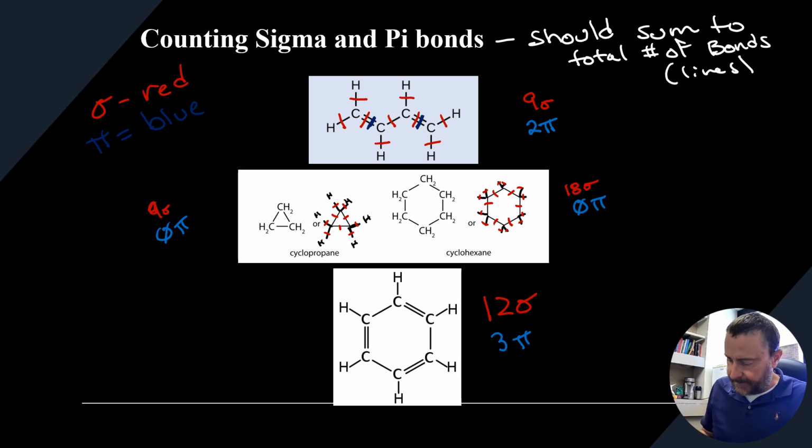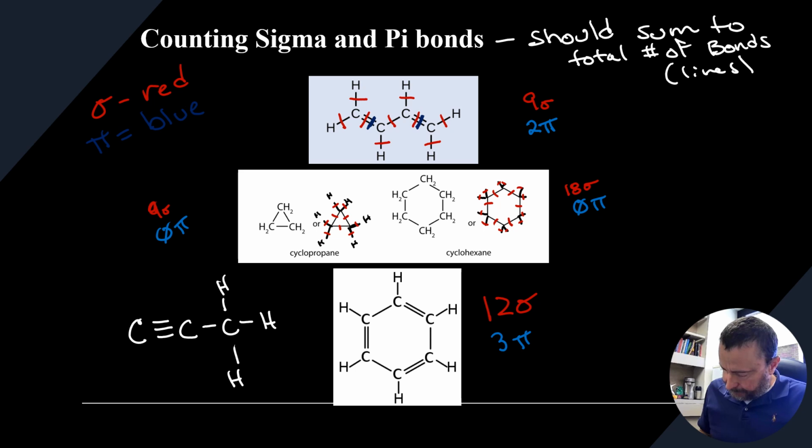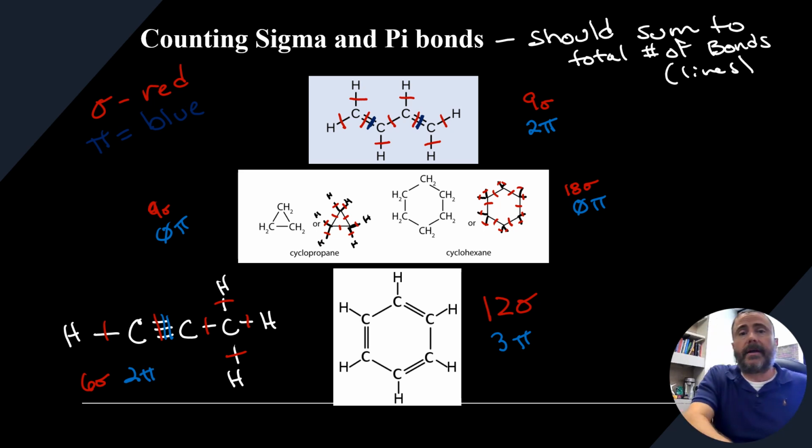Let's do that one. For my sigmas, I've got 1, 2, 3, 4, 5, 6. And for my pi's, 1, 2 for the triple bond, 2 pi bonds. That's how we're going to count those. So those should be relatively easy.